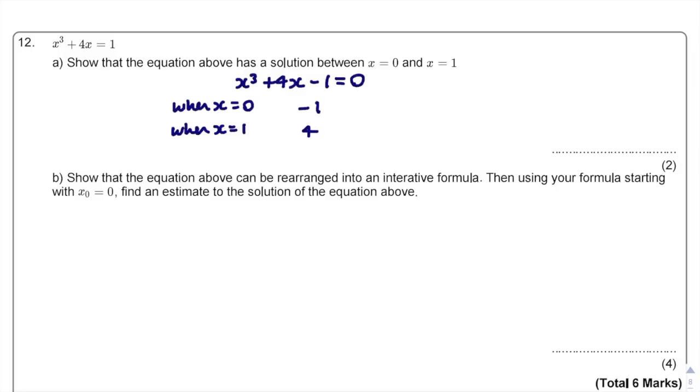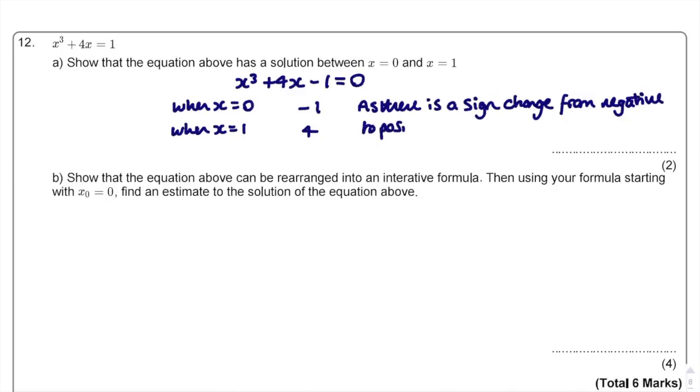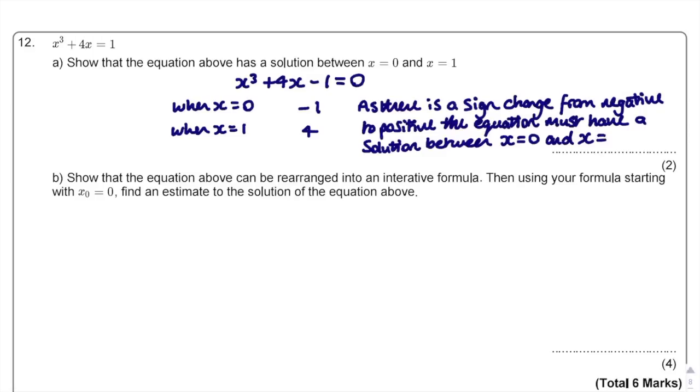So what we can say is, as there is a sign change from negative to positive, the equation must have a solution between x equals 0 and x equals 1.